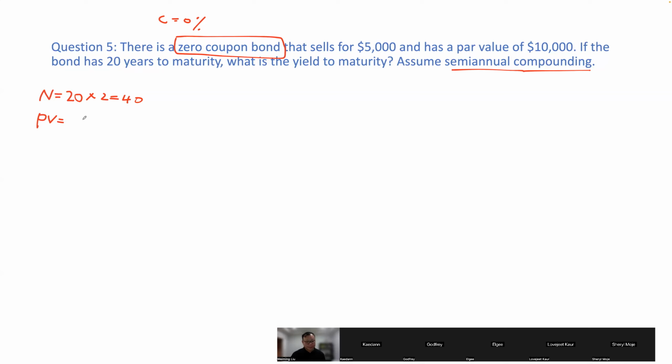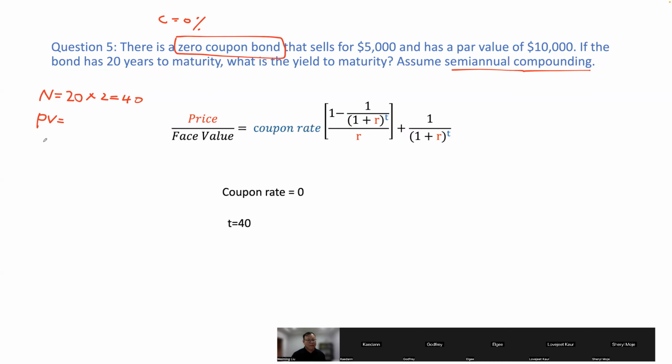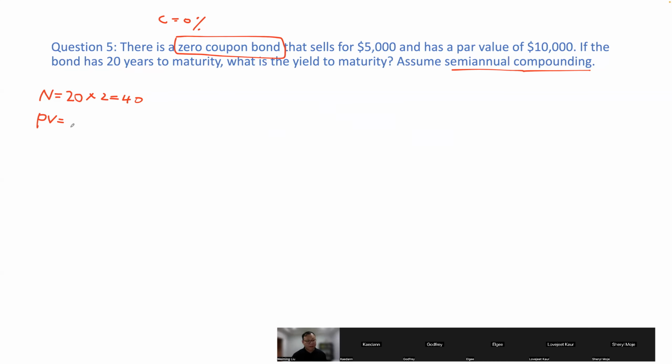Present value? Negative 5,000. Thank you. Future value? 10,000. Thank you. And the payment? 0. Very good.